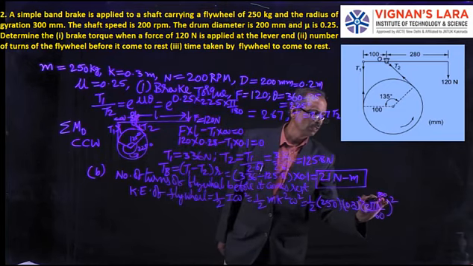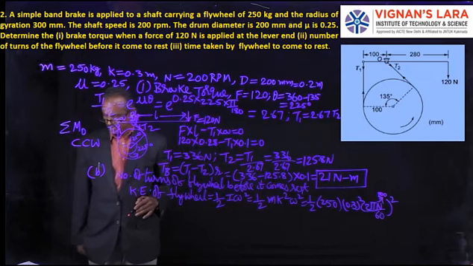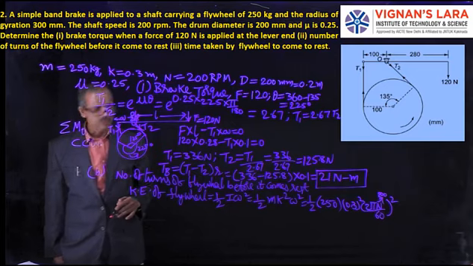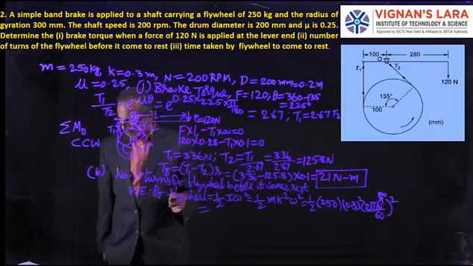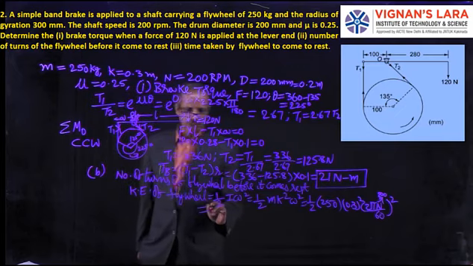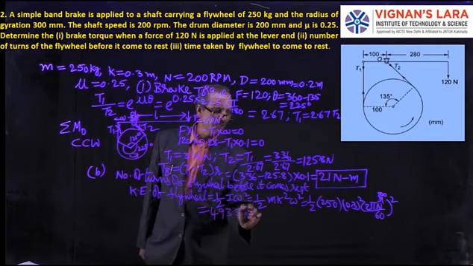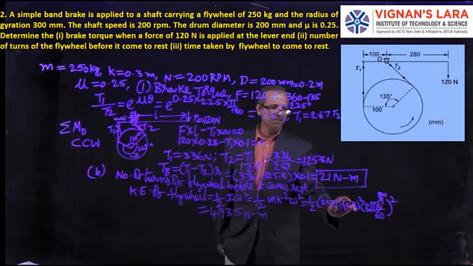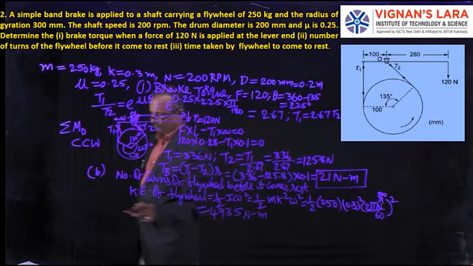Substitute that N value. So by substituting this, I get the KE of the flywheel, which is 4935 Newton meter.